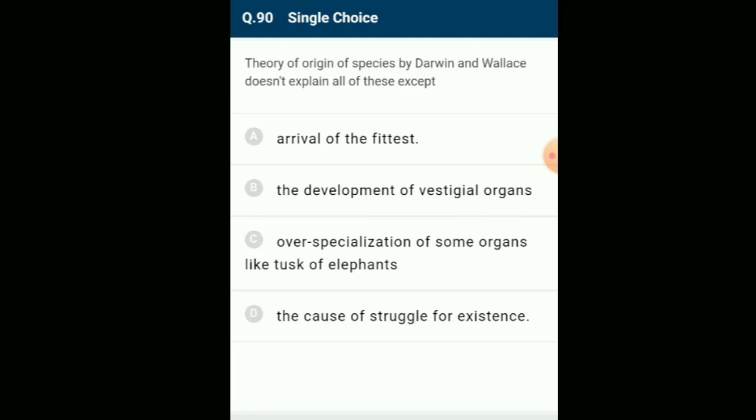In the struggle for existence, nature will select those organisms with favorable variations. So that means survival of the fittest, continuous environmental changes along with natural selection lead to the origin of species. So the answer for this question is option D, the cause of struggle for existence.